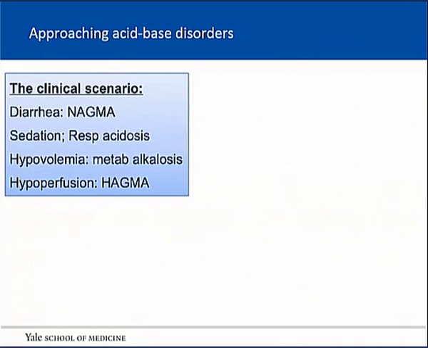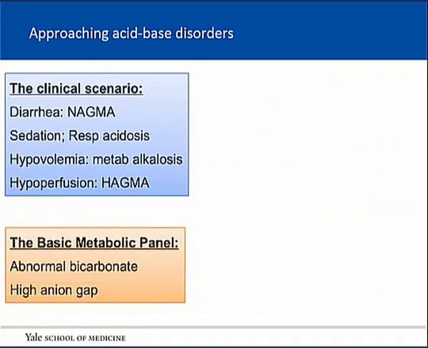So just based on what this guy had, diarrhea, sedation, hypovolemia, and hypoperfusion, you could already guess that he would have maybe a non-gap acidosis, maybe a gap acidosis, maybe an inappropriate respiratory compensation, so a respiratory acidosis, and perhaps an underlying metabolic alkalosis. So those are the possibilities.